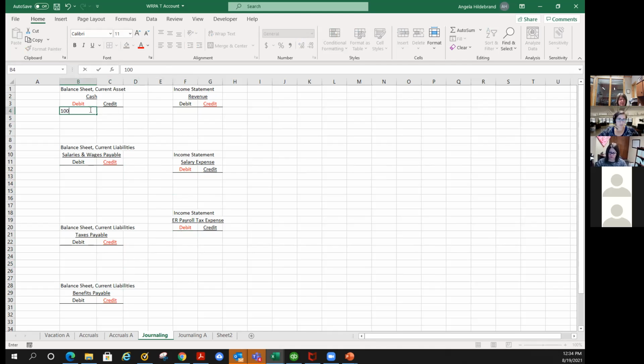Its normal balance is a debit and it's going to increase, but I've got to have an equal and offsetting credit, right? I have to have something equal to it. I could have a compound entry and I could put multiple credits. But I looked at somebody's tax return, they gave me a $100 bill, I deposited it in my account, my revenue went up. So I paid my light bill, so my cash account decreased.